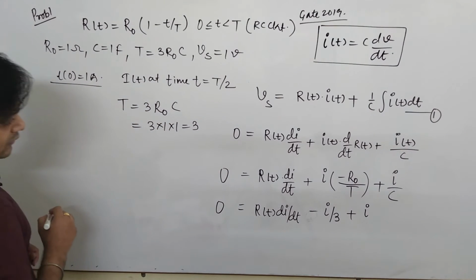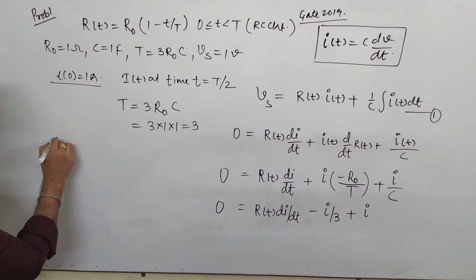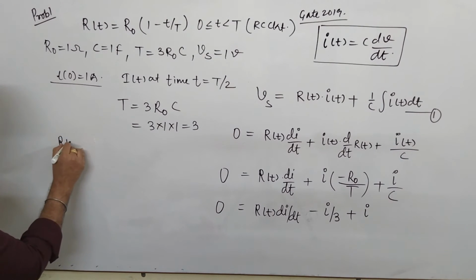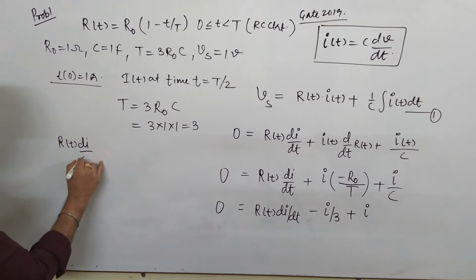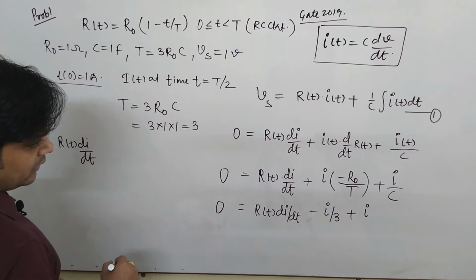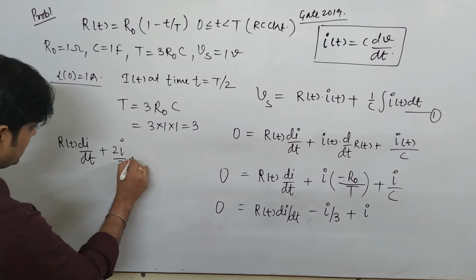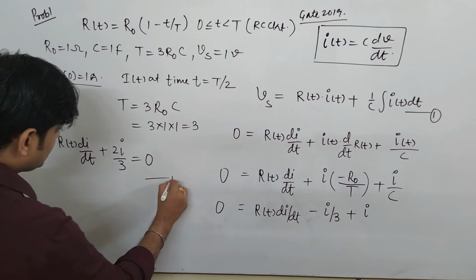So if you once again see this equation, R(t) di by dt, and that comes to be plus 2i by 3, and that is equal to 0. This is your equation first.